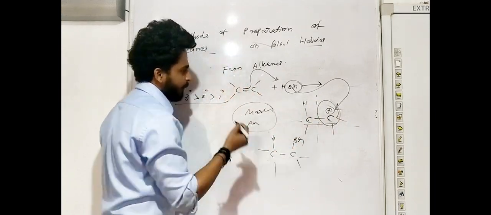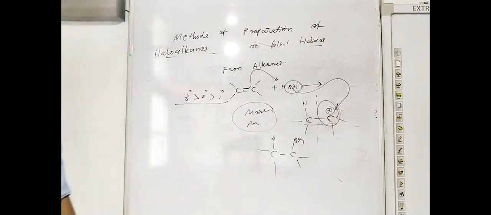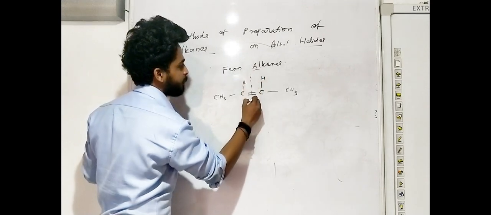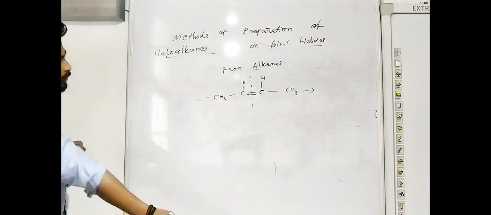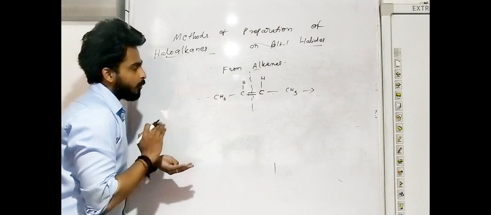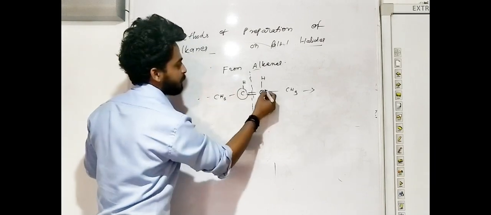So here we will be discussing another compound which has tertiary and secondary carbons. This is also an example of a symmetrical compound, right? There is a symmetry between these groups. If you rotate this compound, we will get the same. Here this is secondary, and this is also secondary.